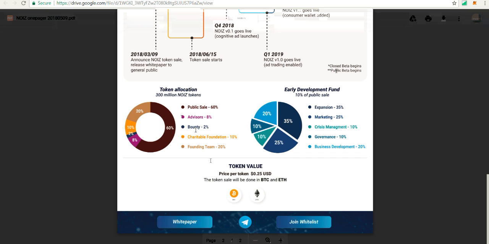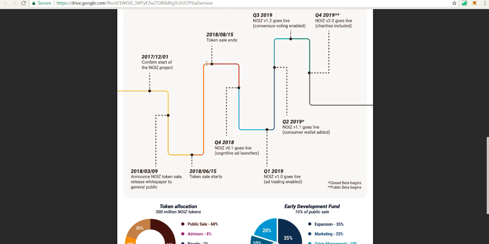As per the roadmap, the token sale starts 2018-06-15, which is 15th of June 2018, and that's when their token sale starts, and the token sale runs for 2 months, so it ends on 15/08/2018.